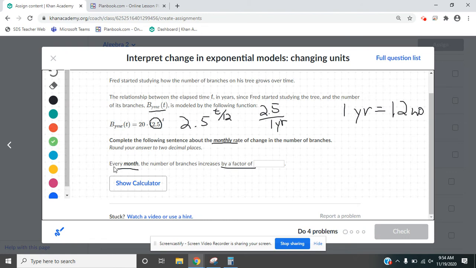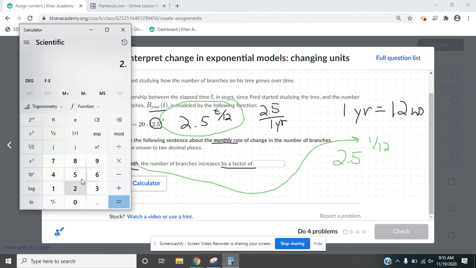What do we have to do then to say about every 1 month? All right, let's plug it in. 2.5, because it says every 1 month. Let me do that on here. 2.5 to the 1/12. Oh, I just divided it by 12.